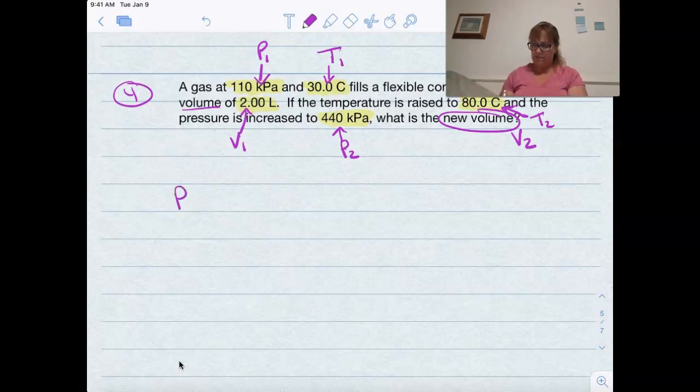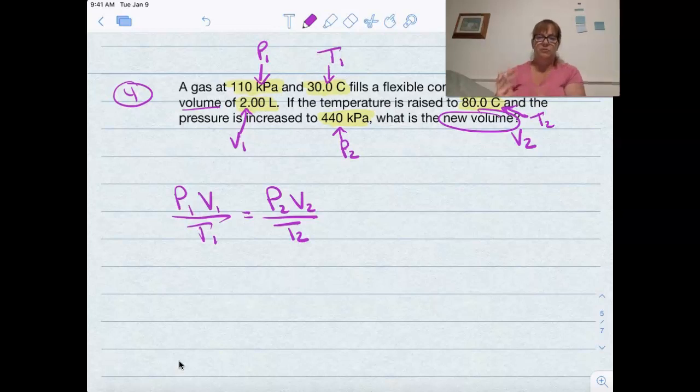Write it out. P1, V1 over T1 equals P2, V2 over T2. Plug in your pressures. P1, 110 kilopascals. V1, 2 liters. T1 is 30 degrees Celsius.